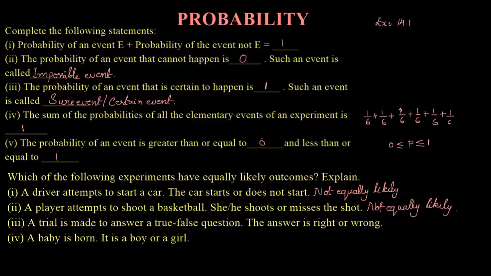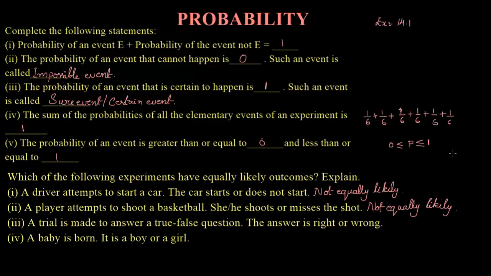Then coming to the next sentence, a trial is made to answer a true-false question. The answer is right or wrong. So if I am attempting a multiple choice question, or if I have taken a true-false question, and I put true there, then what is the probability of the answer being correct?